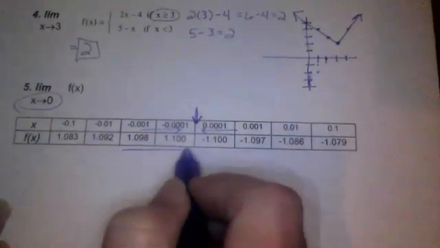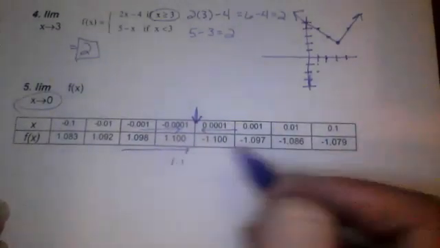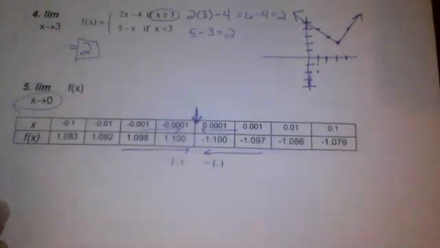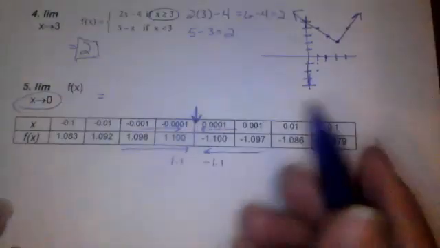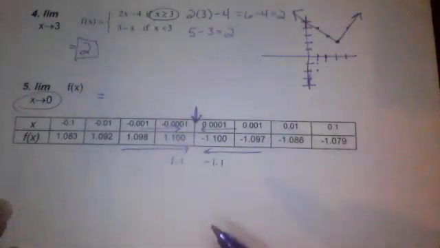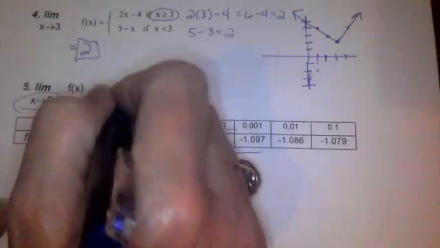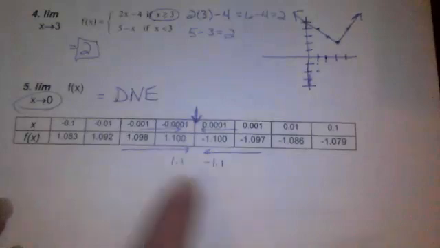If I look at the y values, this is approaching, looks like, positive 1.1 coming from this way, approaching negative 1.1, and those are not the same. So we don't know if the value exists because they didn't ask us about 0. They didn't give us that in the chart, but we know that this limit as x approaches 0 does not exist. They are not approaching the same thing.